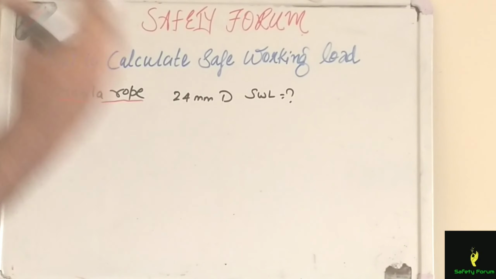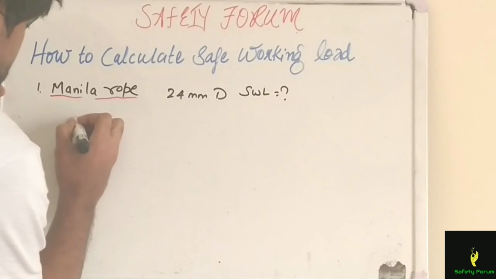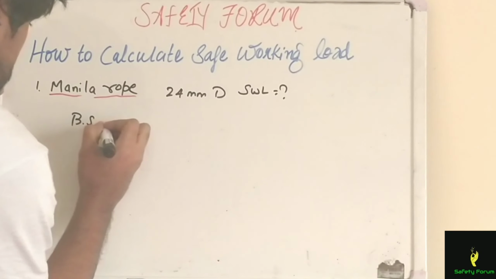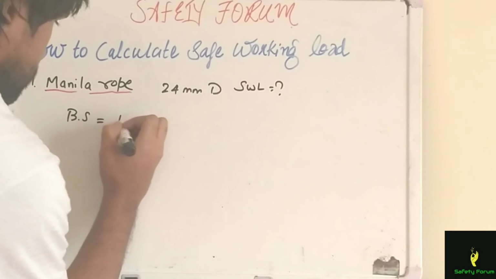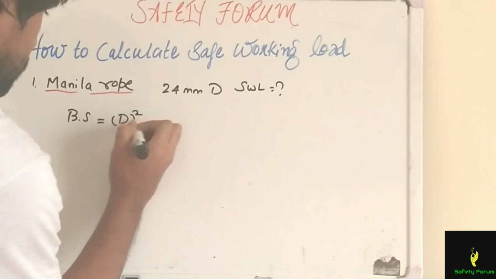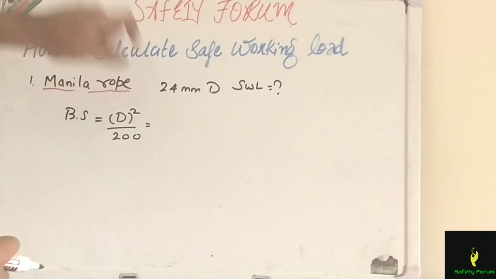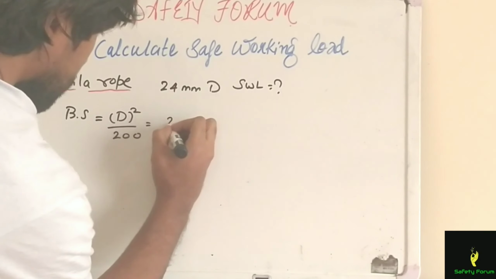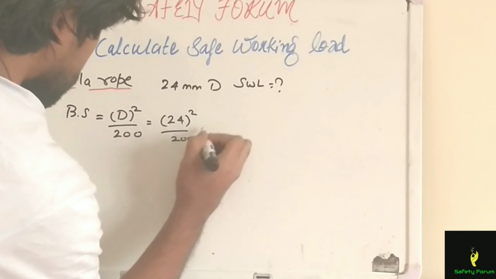We will repeat it with polyethylene and polypropylene ropes also. First we have to find the breaking strength. For the breaking strength we have the formula d square divided by 200, right? So we will calculate this. It will be 24 whole square, which is 24 into 24 divided by 200.